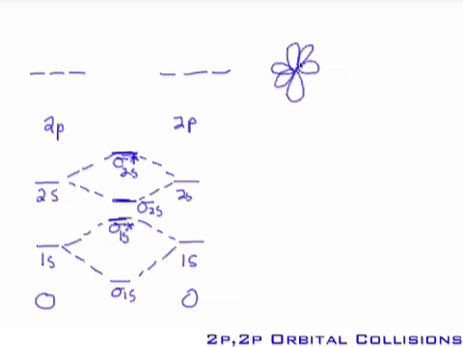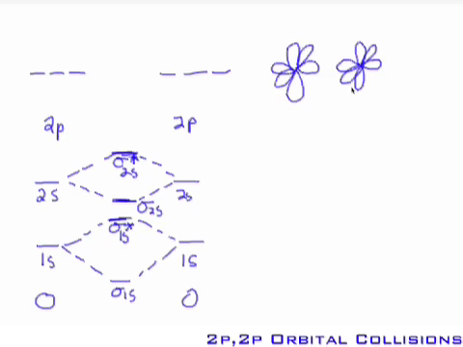There. Now what happens if this approaches another oxygen's 2p's? Well, the other oxygen has the exact same shapes. One along the y-axis, one along the x-axis, and if I draw another one on the diagonal coming out at you, there you go.